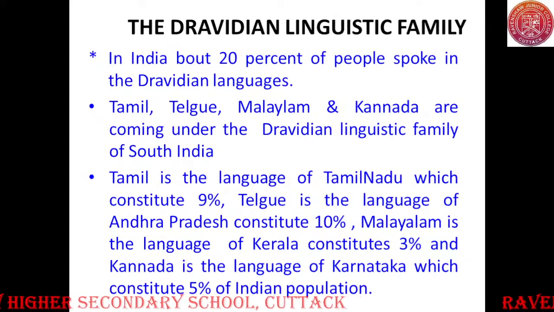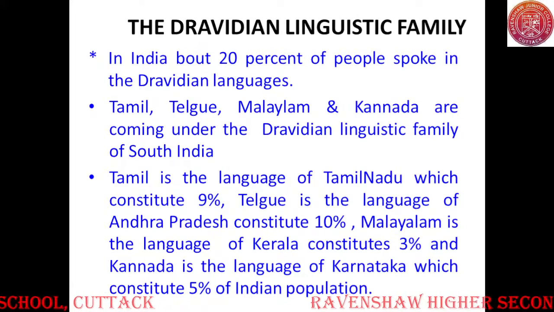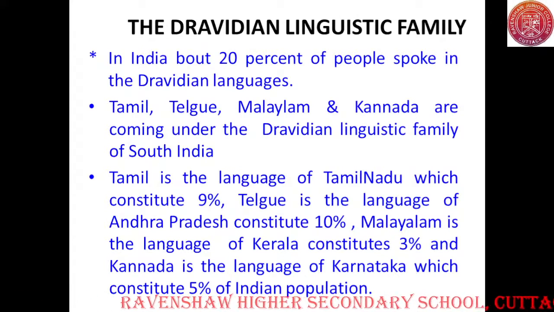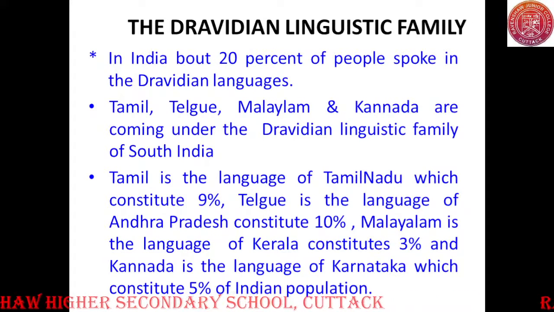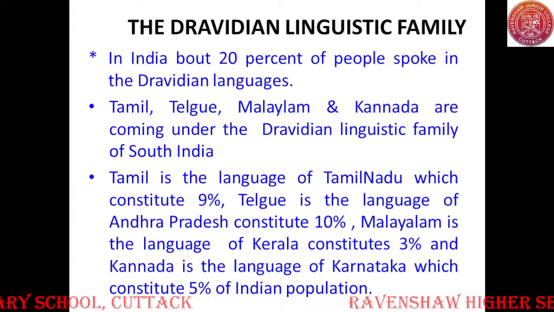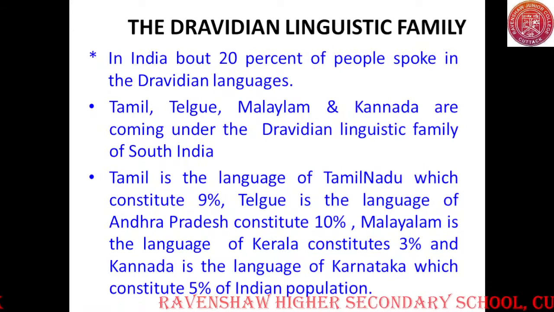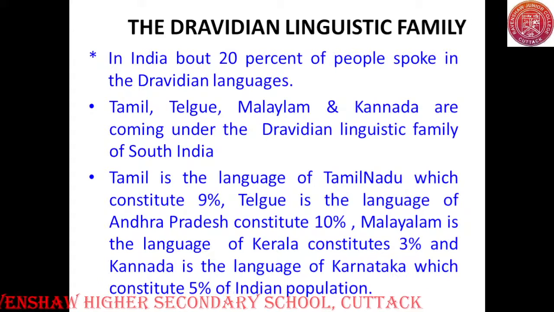Tamil is the language of Tamil Nadu, which constitutes near about 9% of total people. Telugu is the language of Andhra Pradesh, which is near about 10% of people. Malayalam is the language of Kerala, so near about 5% of people belong to the Malayalam language.